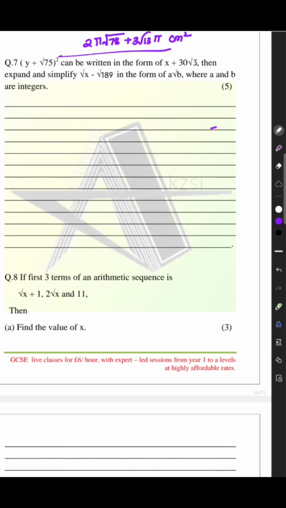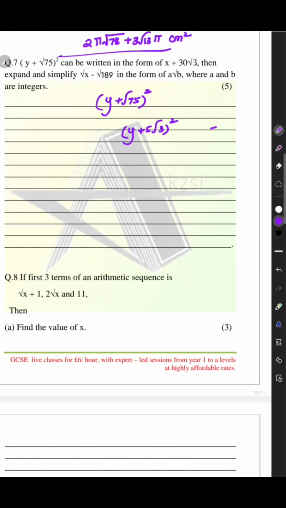Now question 7 says y plus root 75 whole squared can be written in the form of x plus 30 root 3. Then expand and simplify root x minus root 189 in the form of a root b, where a and b are integers. So y plus root 75 whole squared, first of all we can write root 75 as 25 times 3, which then can be simplified as 5 root 3, whole squared.